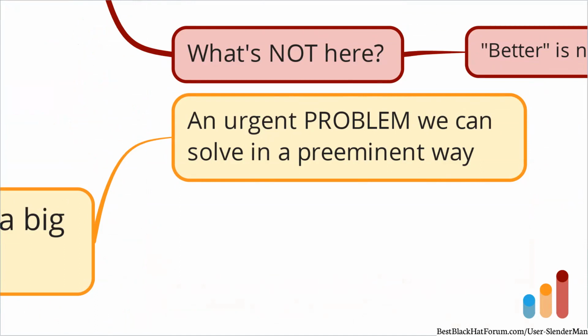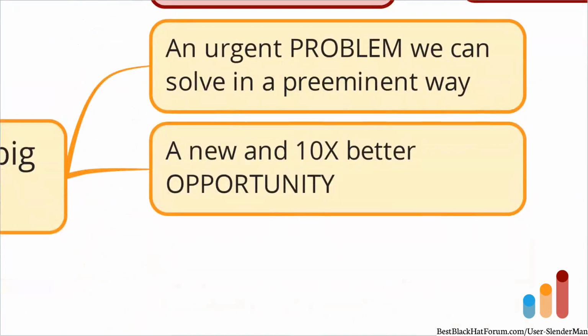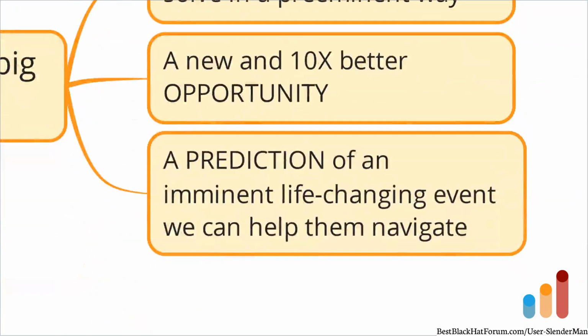So you are going to help them solve an urgent problem. You are going to provide a preeminent solution to an urgent problem that they face. You are going to present them with a new and 10 times better opportunity, an opportunity to get access to some future possibility that they currently are not able to get access to. Or you're going to make a prediction of an imminent life-changing event that you can help them navigate.